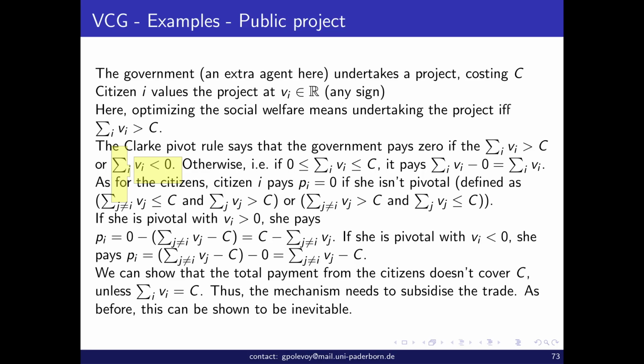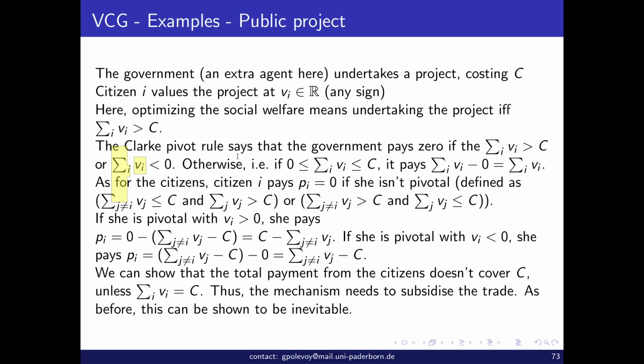So when we don't think of the government's value, we only want to optimize what happens to the players, and since in total they don't like it, we don't build anything. 0. What happens when we want to optimize everything? This negative sum of the values and something the government has to spend, minus C. In total negative, definitely we don't build anything, and it's again 0. So the government doesn't pay anything in this case.